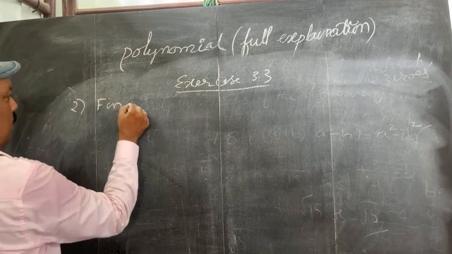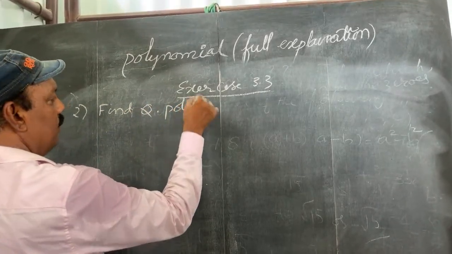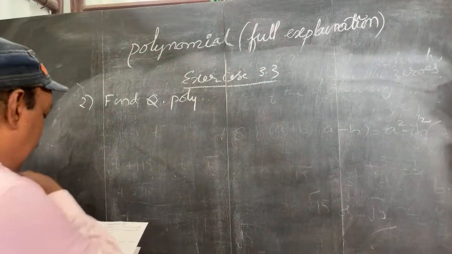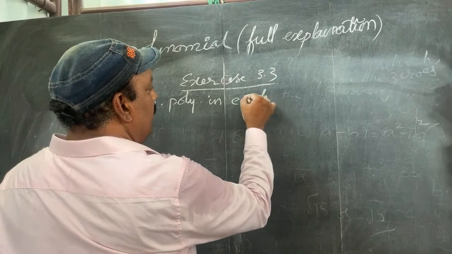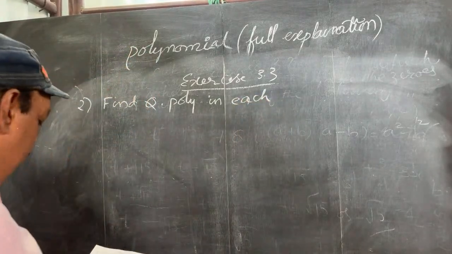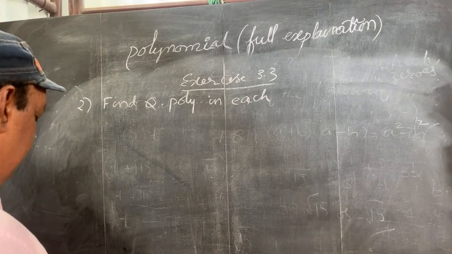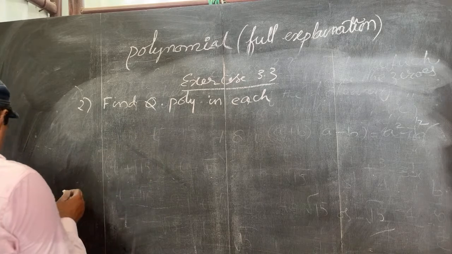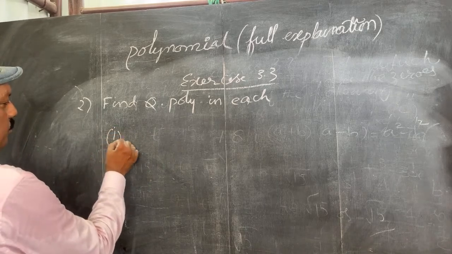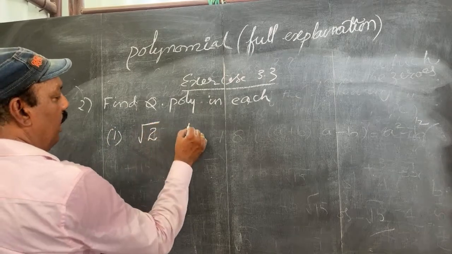Find the quadratic polynomial in each case. I think you can see in your textbook there. And what does that mean? The given numbers are the sum and product of the zeros. Now here I am taking the first one: root 2 and 1 by 3.